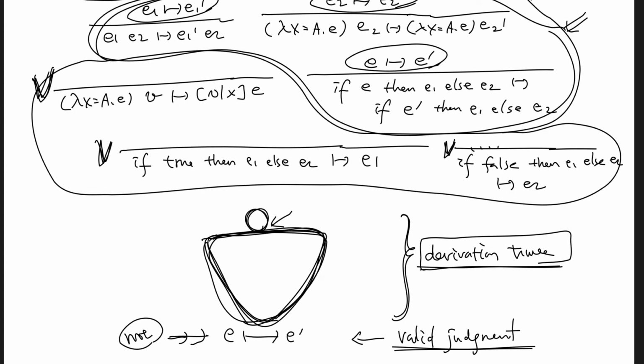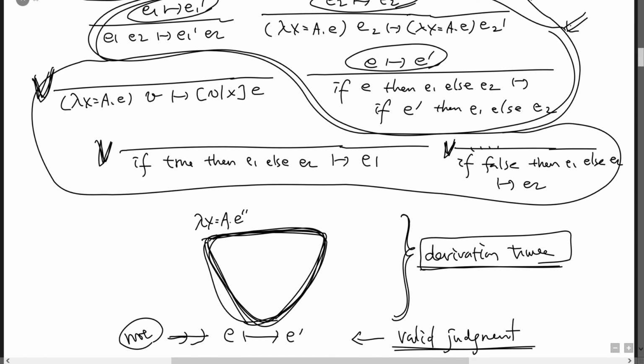So here, for example, we can have lambda x : A . e double prime applied to value v reduces to v for x in e double prime, something like this.